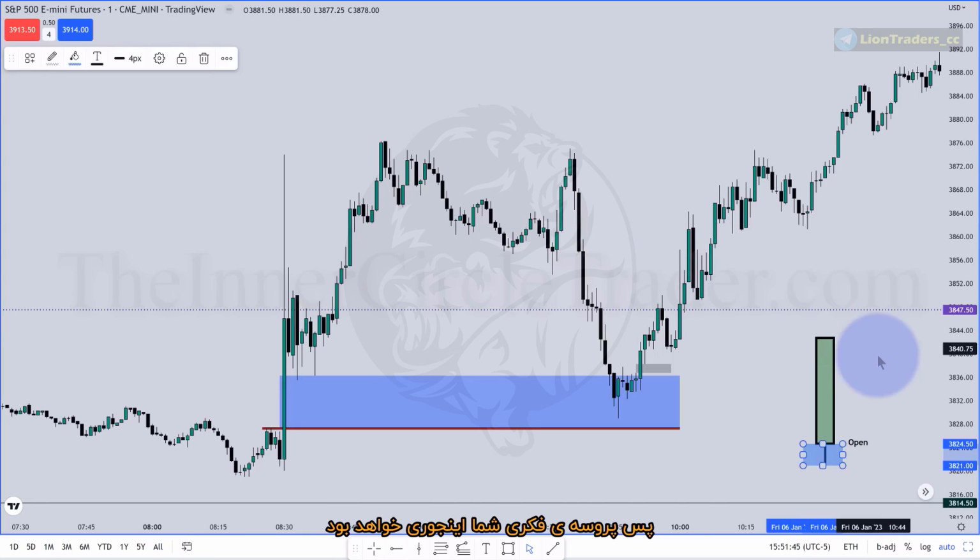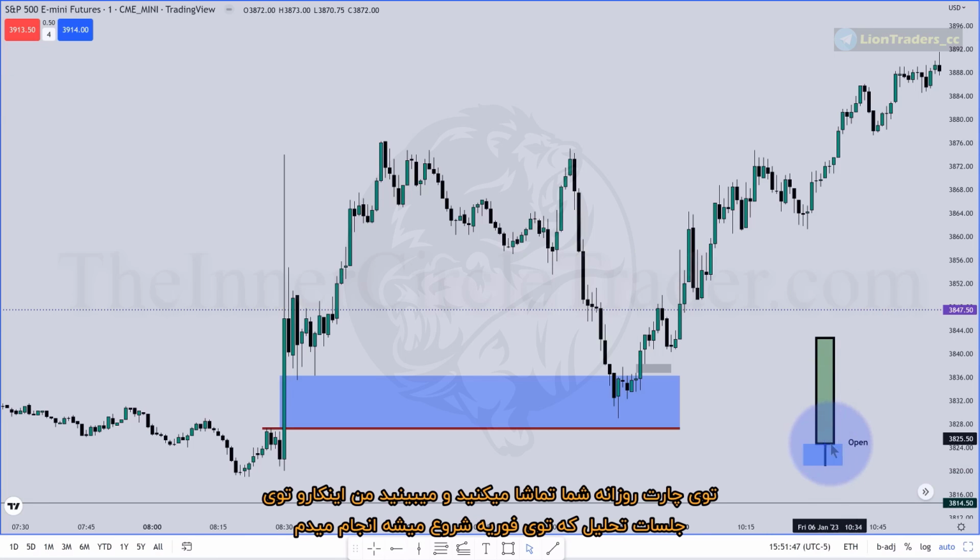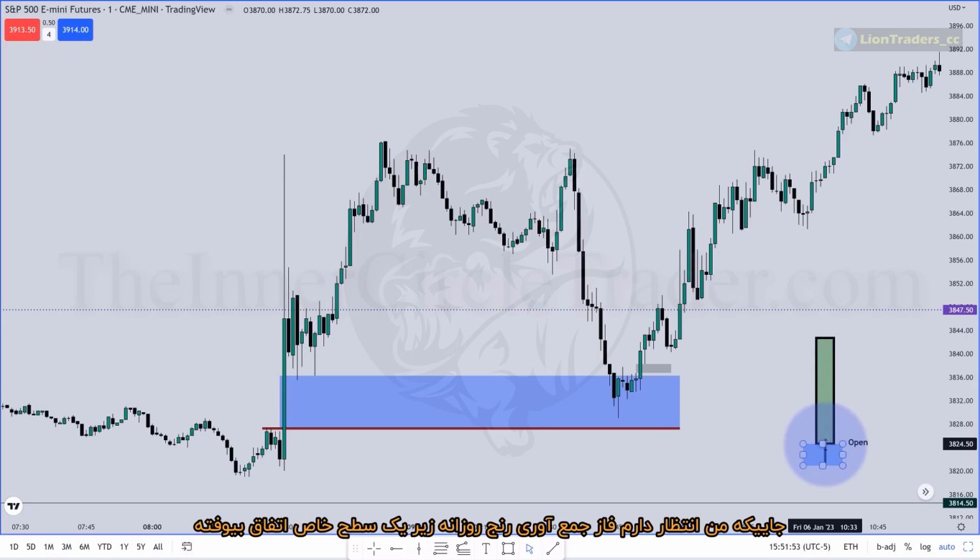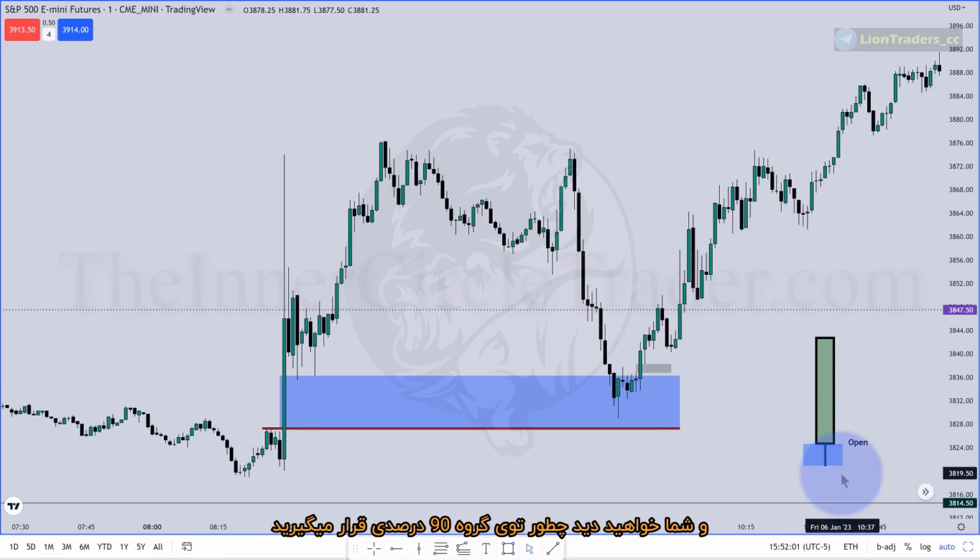So your thought process would be like this. On the daily chart, you're watching, and you'll see me doing this with live commentary starting in February, where I'm expecting the accumulation phase on the daily range to occur below a specific level. And you'll see how you're in the 90% club.